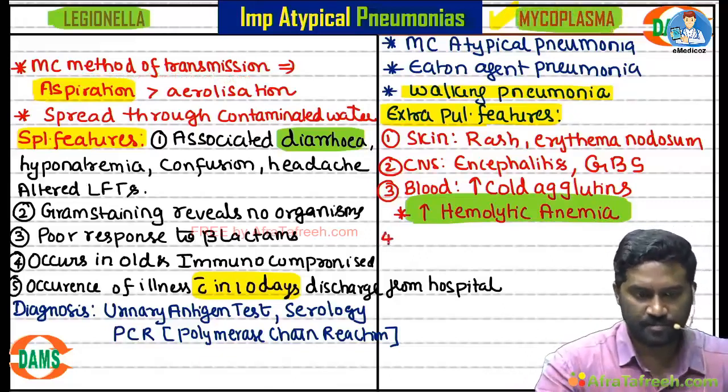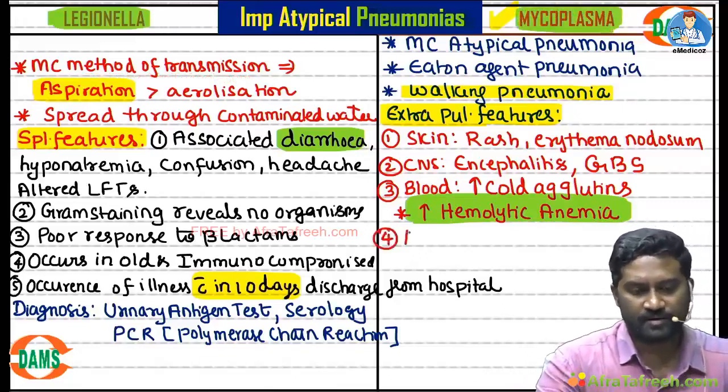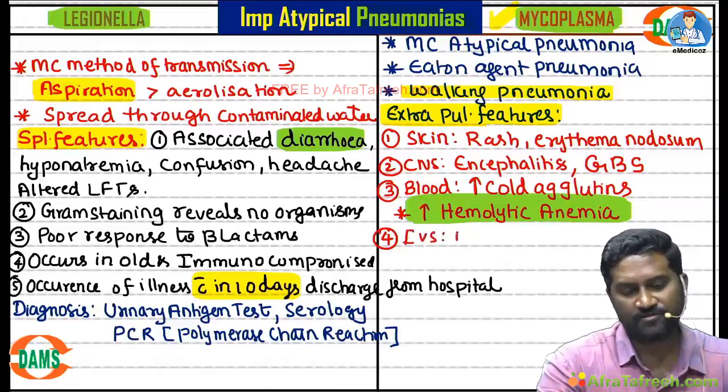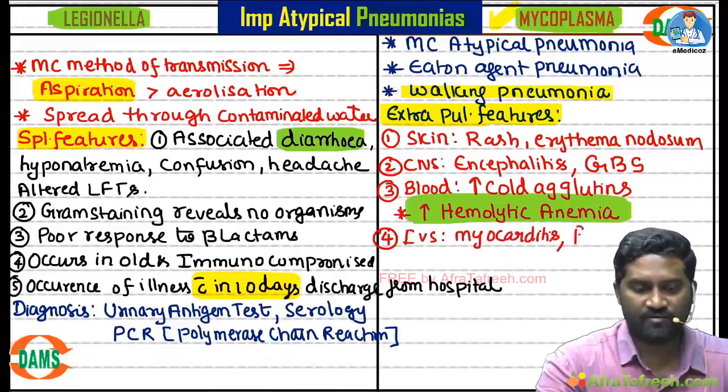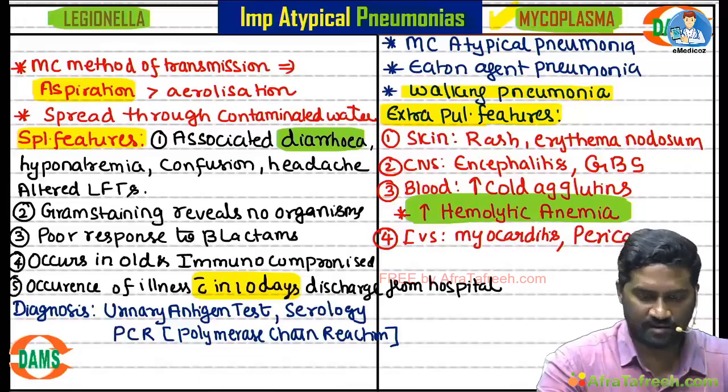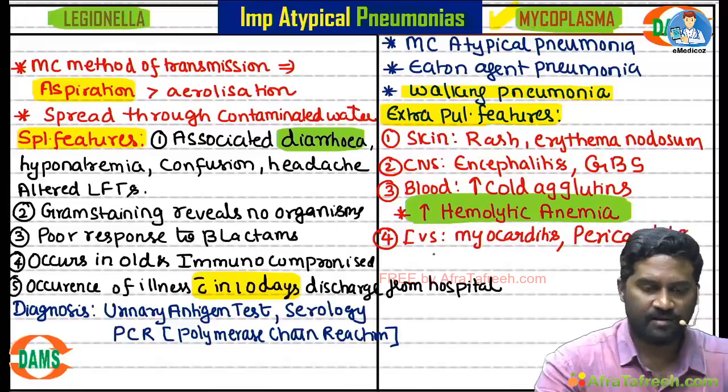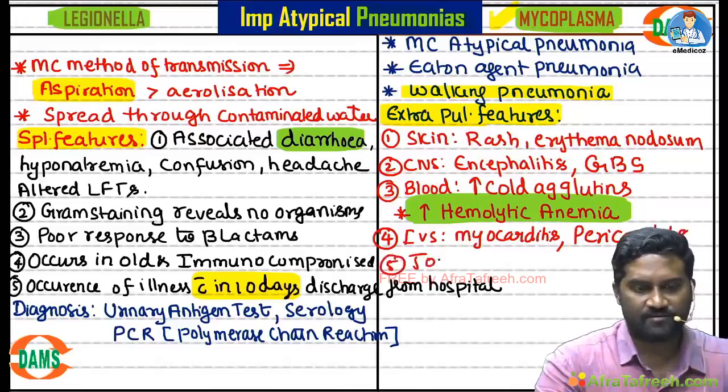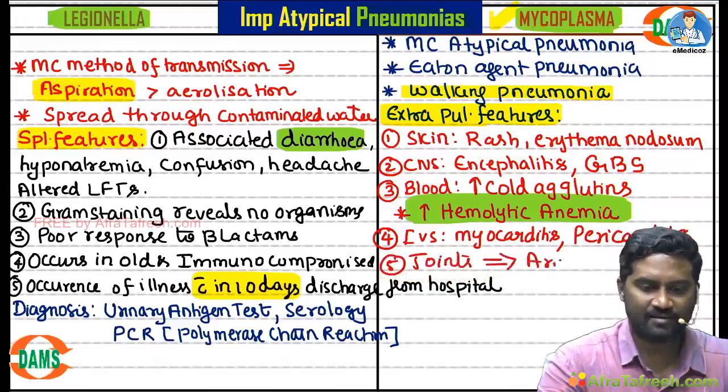Then in the heart, CVS, it can cause myocarditis. It can cause pericarditis. And within the joints, it can cause arthritis.